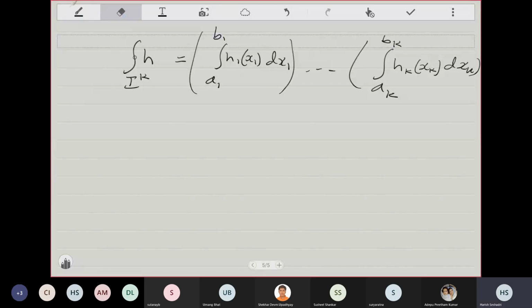Oh, actually, let me not use this. Last time I'd used this notation. What was the notation? LF. LF equals LF L prime F equals this, where LF and L prime F are two ways of performing the iterated integral construction.